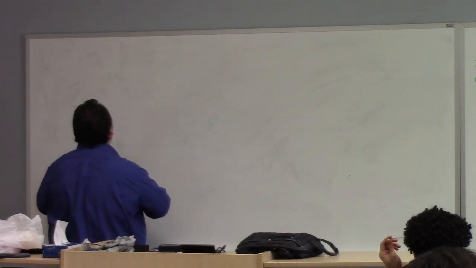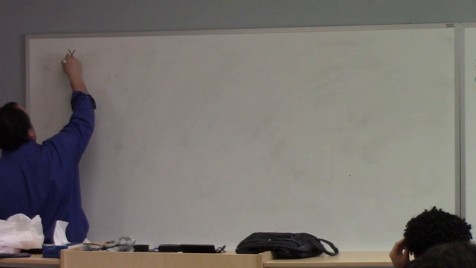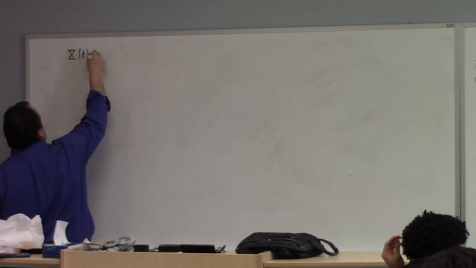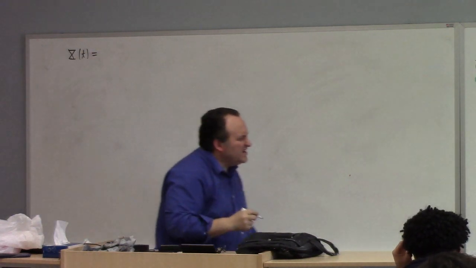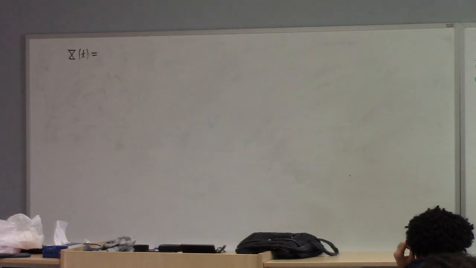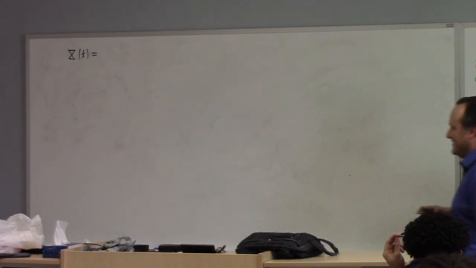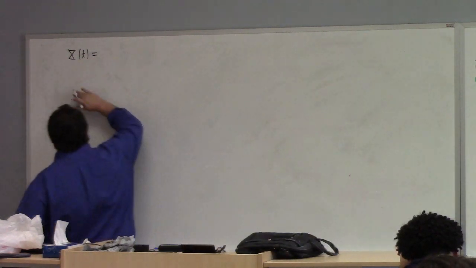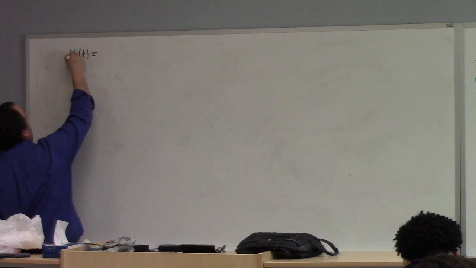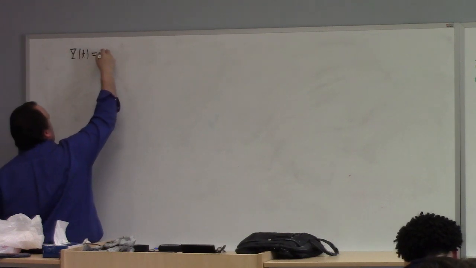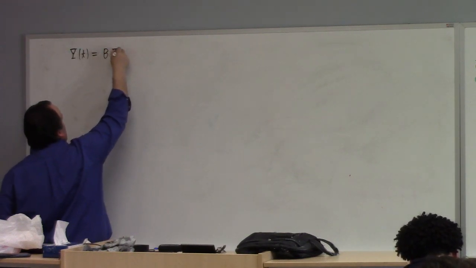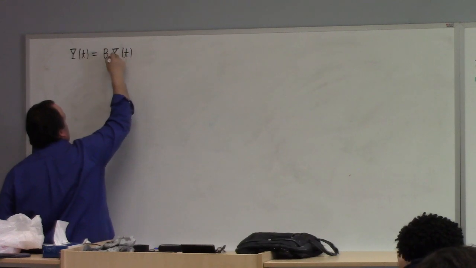Look at this. We have this general identity: Y at time t equals B times X at time t. It doesn't matter which one's X and Y really.